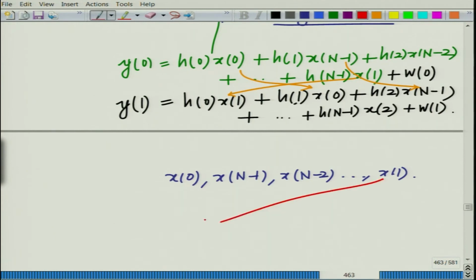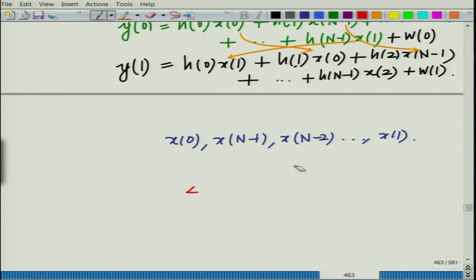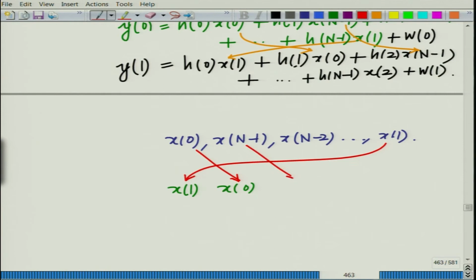At the next instant, x1 comes over here, x0 goes to the next spot, xn minus 1 goes to the next spot, and so on, and ultimately here you have x2. So, this is essentially a circular shift from step to step.